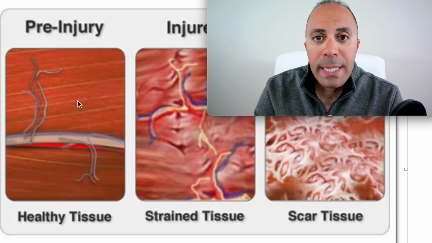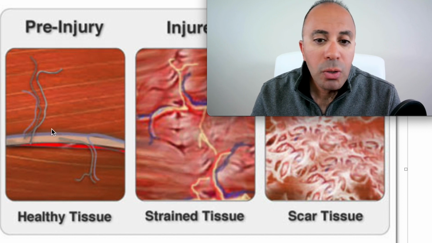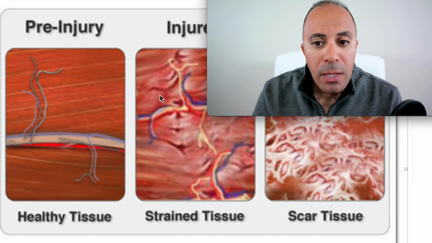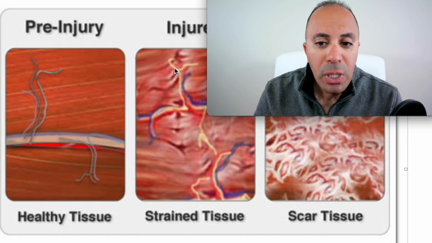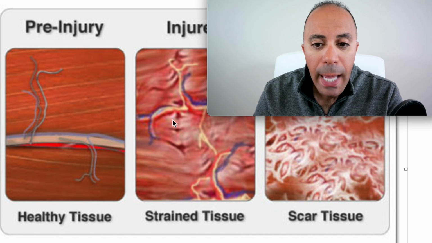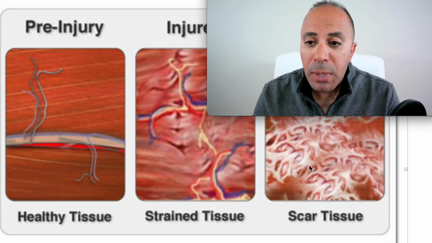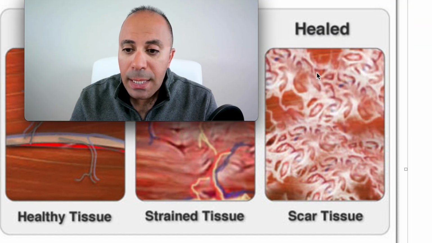To visualize internally, your muscle should look nice and smooth, like the first image here on the left. When you have an injury or damage, it's usually random like that in the second image, the strain. And when your body starts to build scar tissue, that scar tissue is extremely random. You can see it in the last image here.